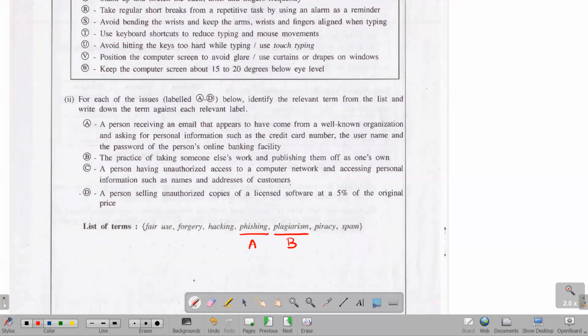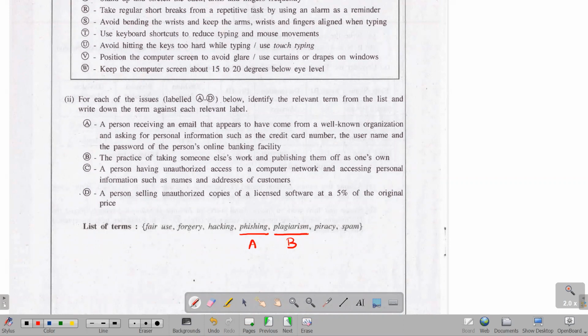Forgery, it's an illegal stuff. Hacking, not like this. Piracy and spam.